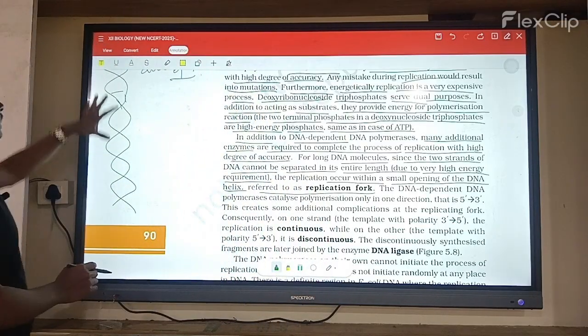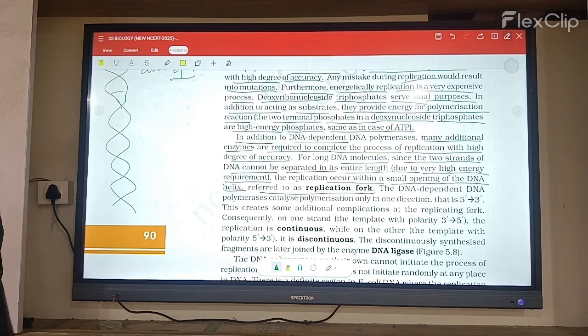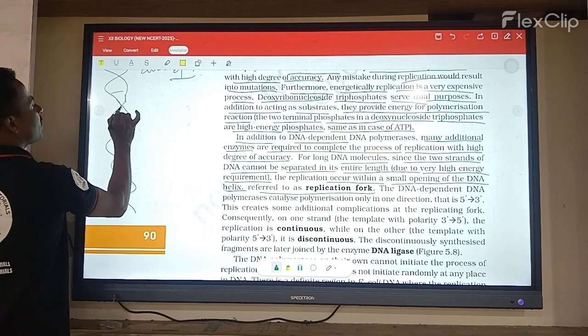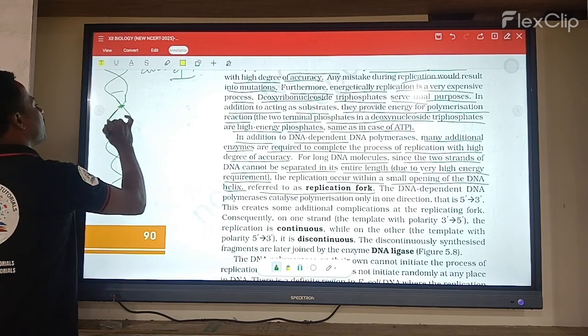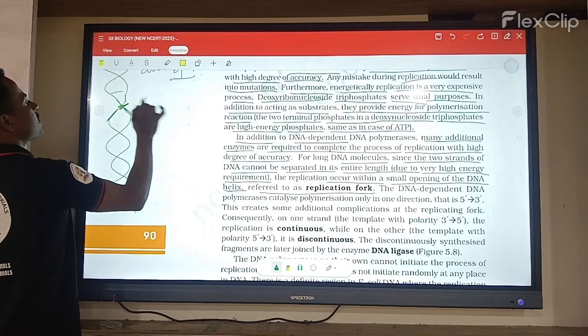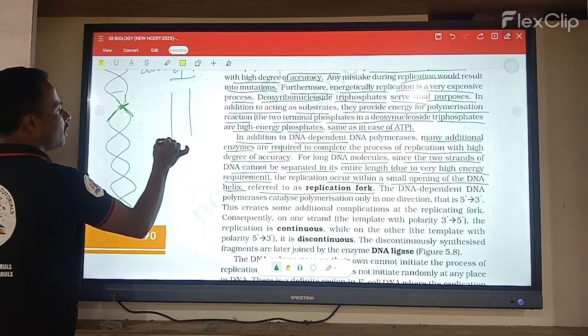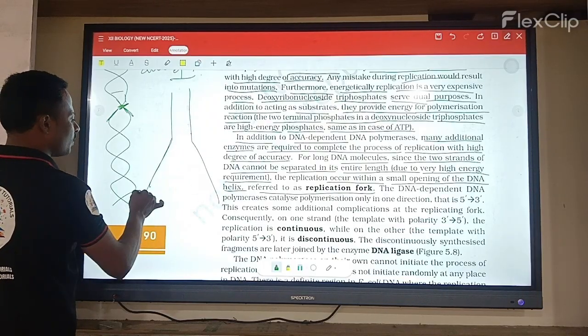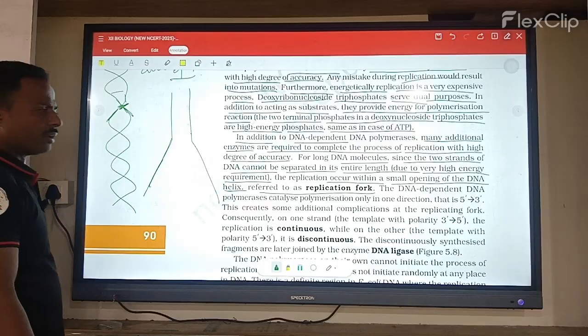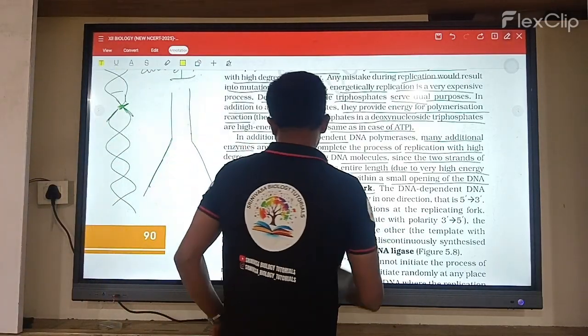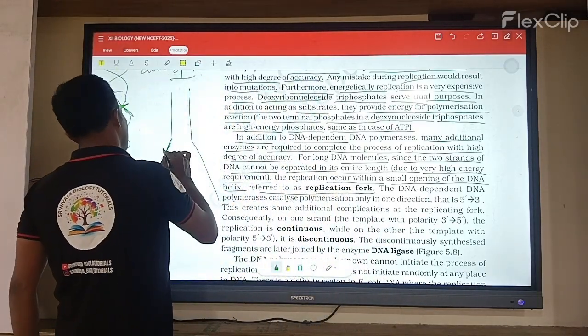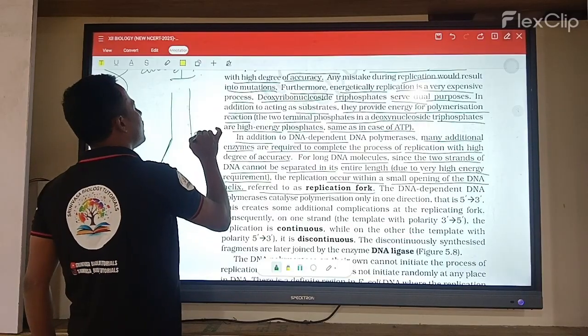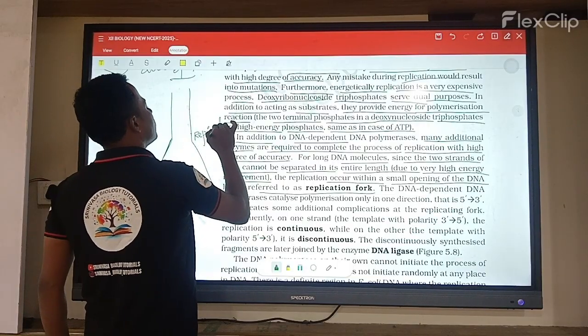So in this total DNA, the total replication does not take place at once. Only a segment of the region starts replication. This part is called the replication fork.